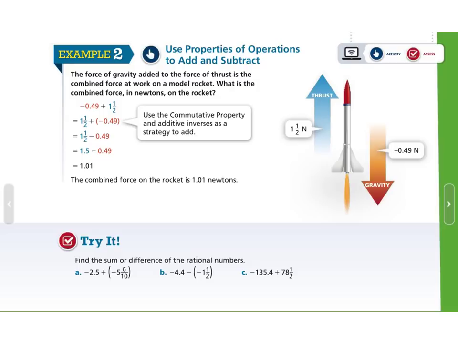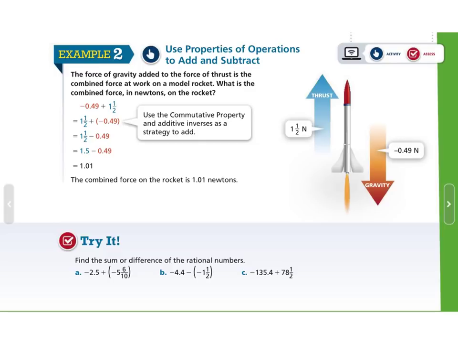Take a look at example 2. In this example, you're looking at thrust and gravity as it pertains to a model rocket. The thrust is given to you as a rational number in a mixed number format, 1 1/2 newtons. And the gravity is given to you as a decimal, negative 49/100 newtons.